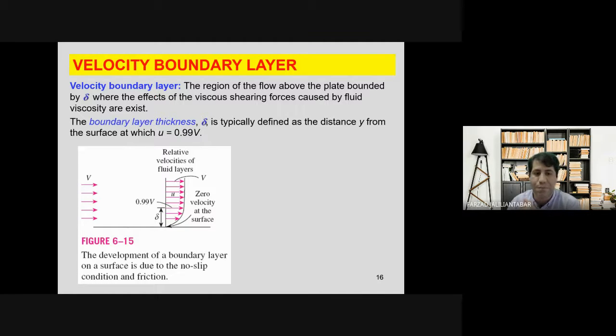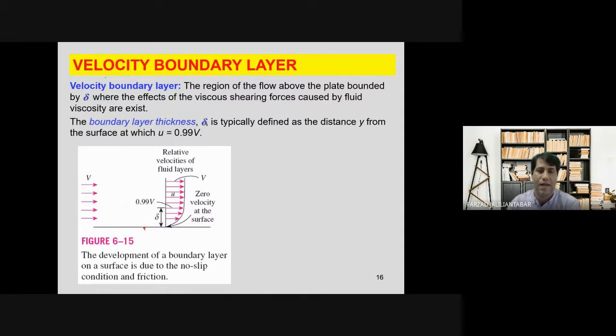Moreover, the temperature of the fluid near the surface also will change. So two things will change for the fluid when it is flowing through a surface. First of all, the velocity of the flow will change. Then also the temperature of the fluid will change due to the heat transfer, if we have a temperature difference between surface and fluid.